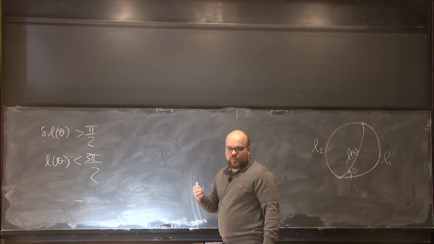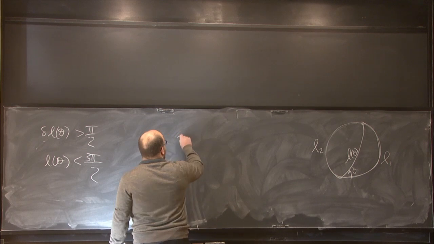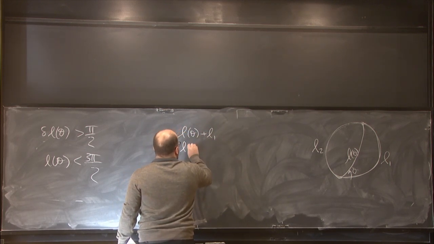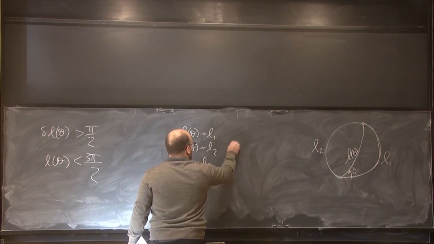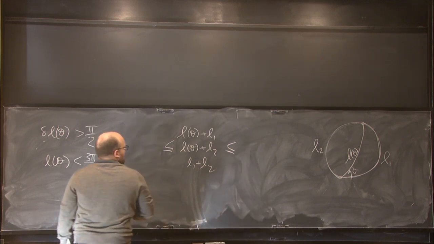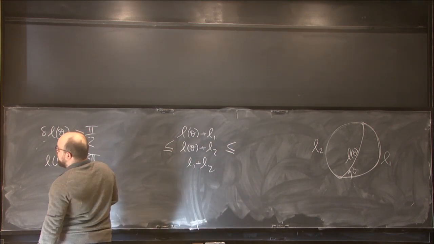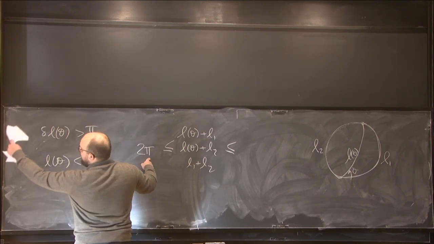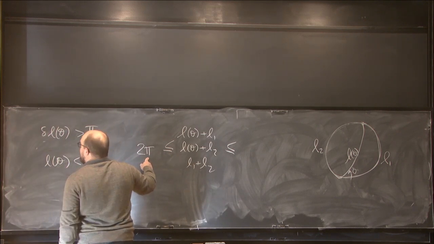So using Toponogov and Klingenberg at the same time, for L of theta plus L1, L of theta plus L2, and L1 plus L2, you get an estimate from below equal to 2 times the conjugacy radius, which is at least equal to 2 pi.